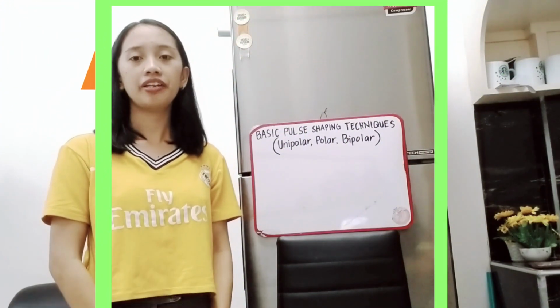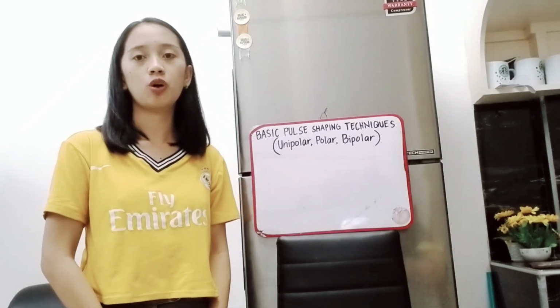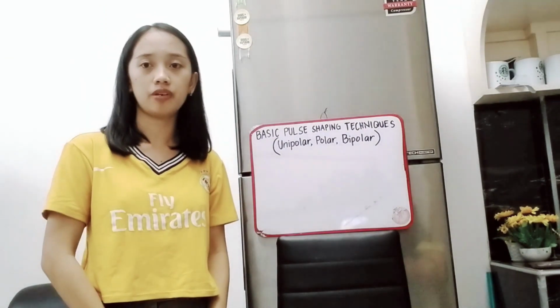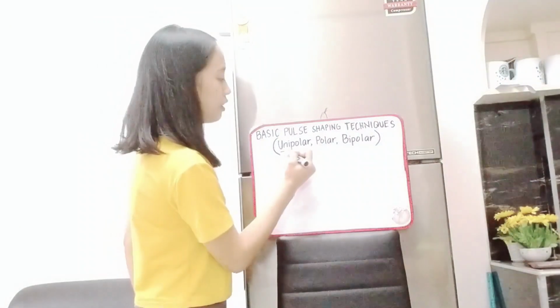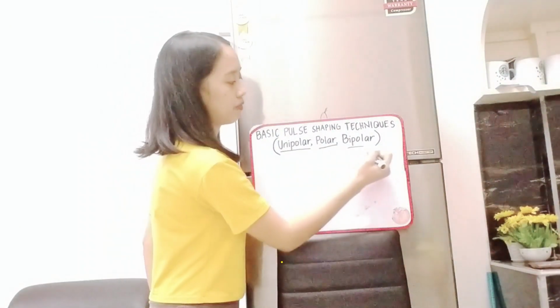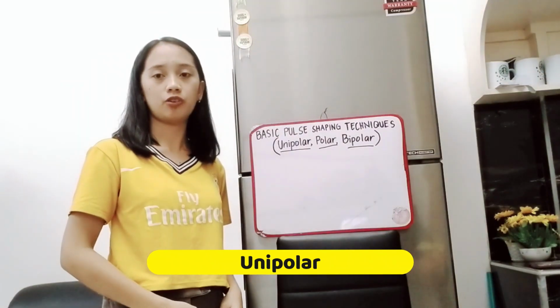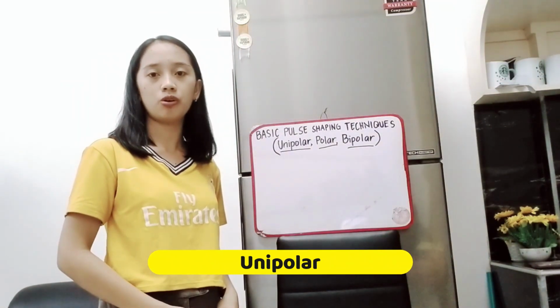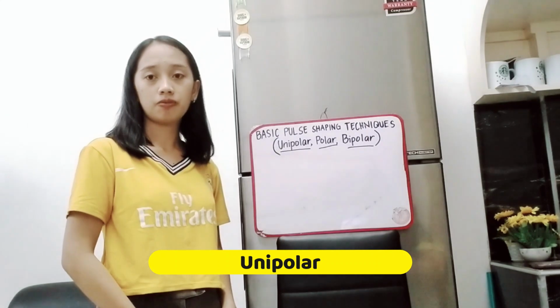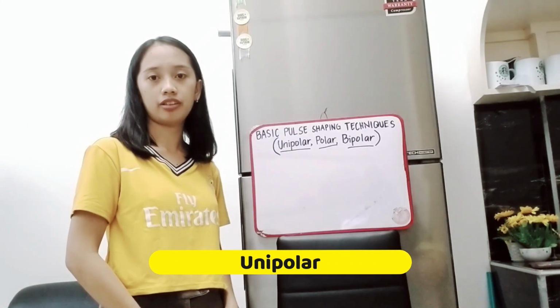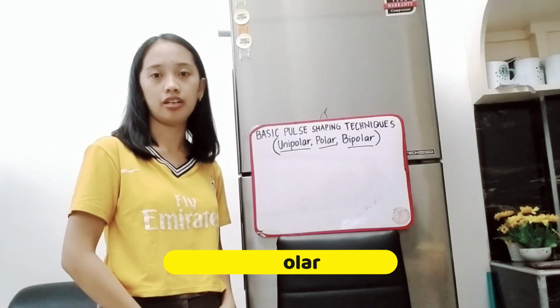There are so many pulse shaping techniques, and I'm going to explain the three basic types: unipolar, polar, and bipolar. Unipolar is also called OOK. The presence of a pulse represents a 1 and the absence of a pulse represents a 0.